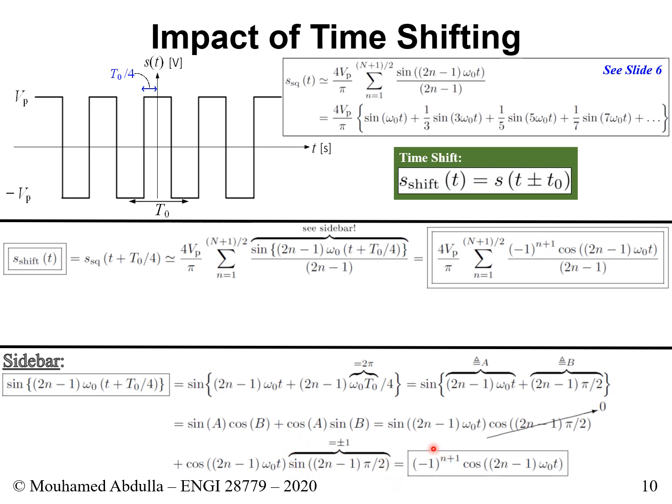So it's just a fancy way of getting rid of this and writing it in a more compact way. As for the rest, we just rewrite it, and this part here will be 0. By the way, instead of n plus 1, you could have also done n minus 1. I just decided to do n plus 1. It just seems nicer to have a positive instead of a negative.